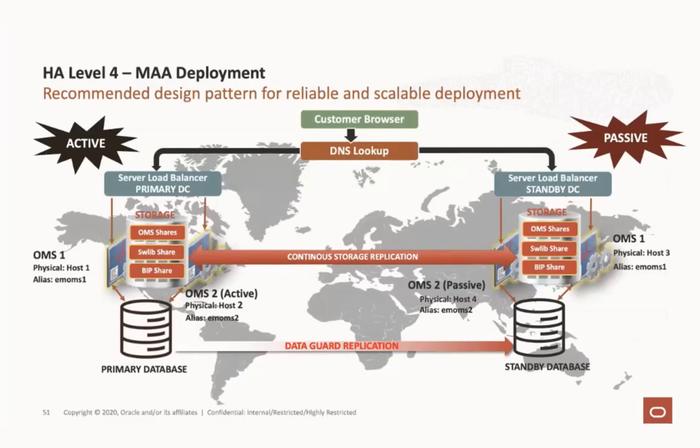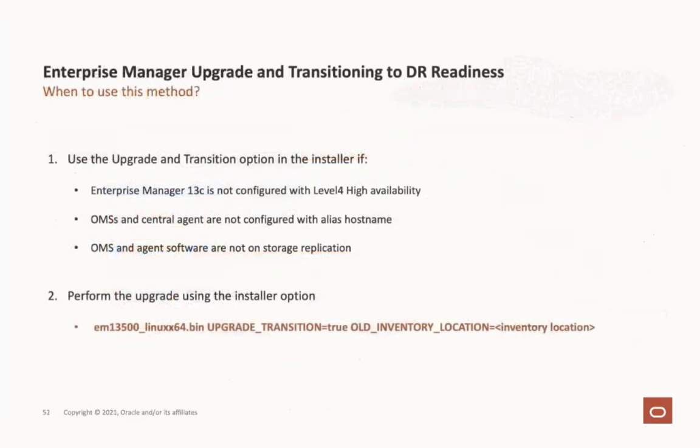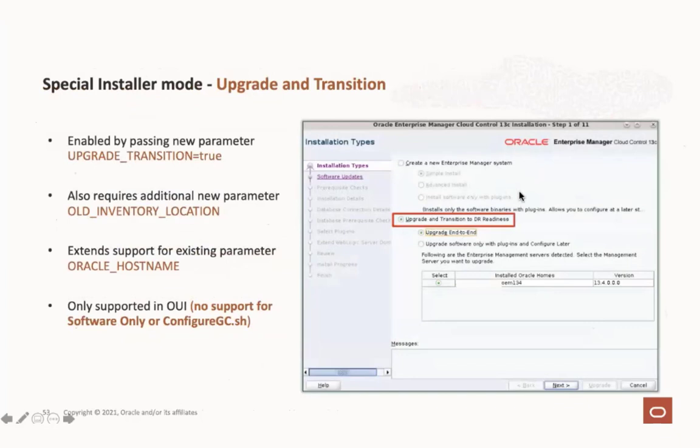This is how the architecture will look if you're going with the MAA level 4 deployment, where we make use of storage replication from primary to standby. If you want to get to this architecture, then we have the method called upgrade and transition, where you can pass this flag to the installer, and we honor that flag. This is how it will show up in the installer, and we honor your host name configurations, like alias name configuration. Because the upgrade is out of place, and your new Oracle home is going to be on the shared NFS replicated volume, we will put the binaries there, and then we configure the old home.